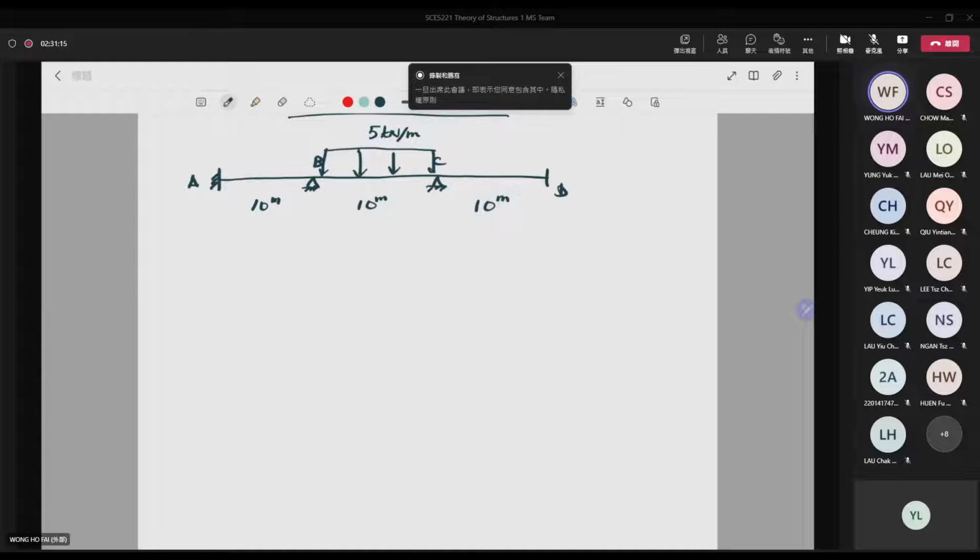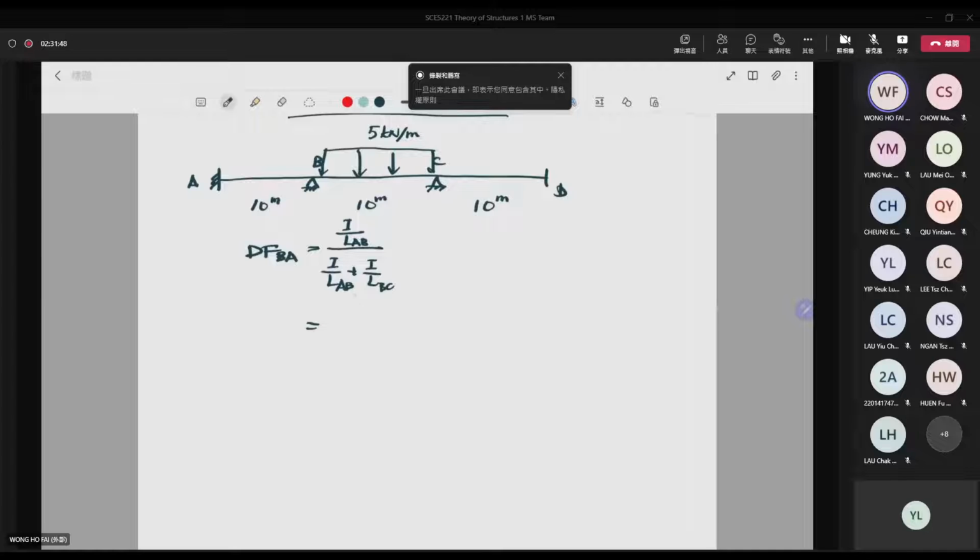Now, of course, you need to find the distribution factor. DFBA is how much moment will distribute to the BA side. Now, actually, you will use I over L, for the side AB, and then for the side BC.